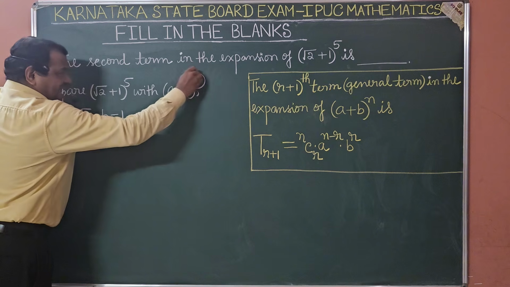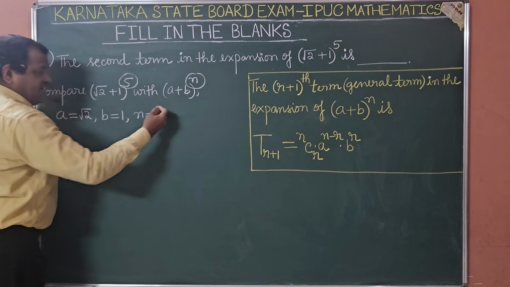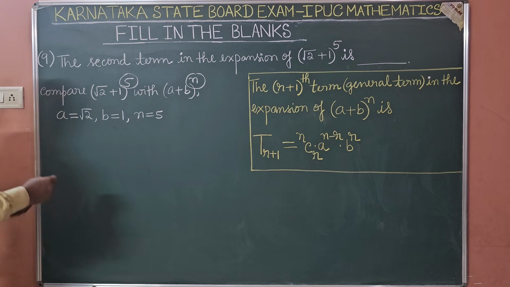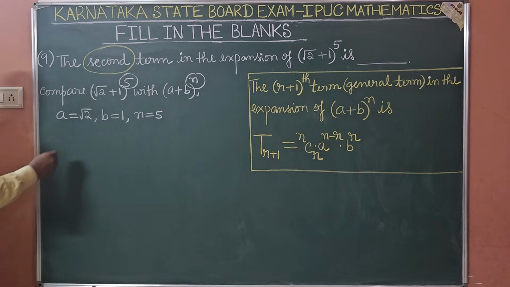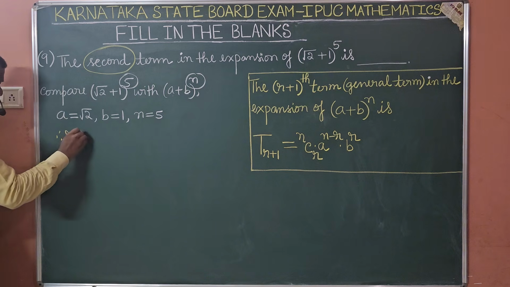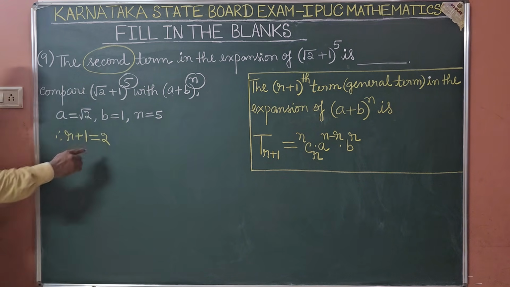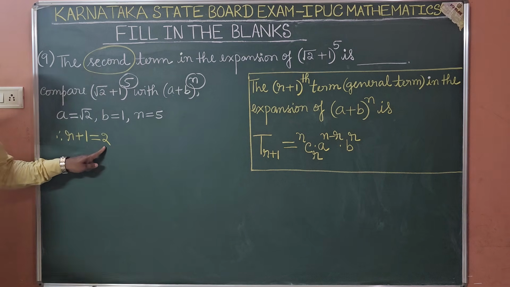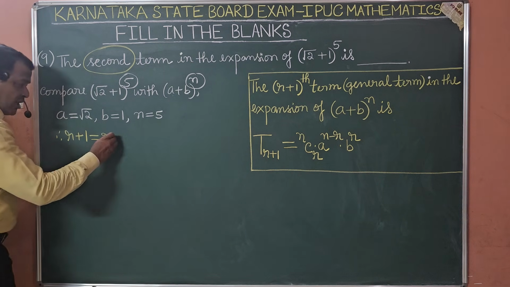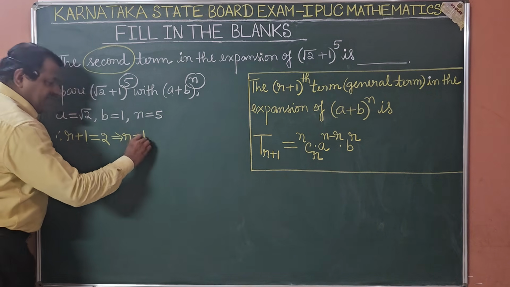And power n is equal to 5. And I have to find the value of r. The question says it is the second term. Therefore, r plus 1 is 2. I got this 2 from the word second. So r plus 1 is 2, not r is 2. Therefore, r is 2 minus 1, which is 1.